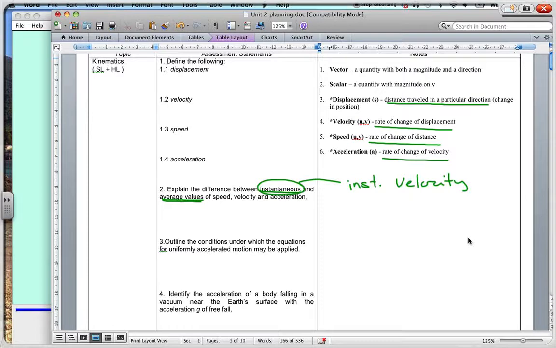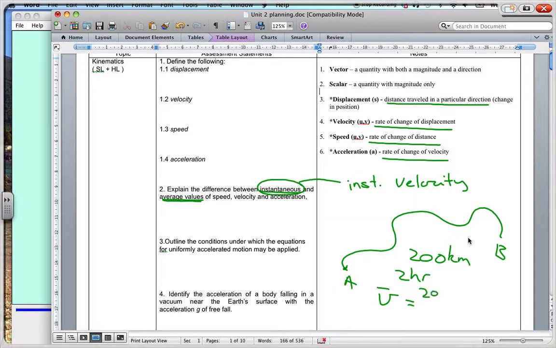So you may travel from A to B, maybe it's 200 kilometers and it took you 2 hours. Your average velocity, and we often denote it like this, would equal 200 kilometers divided by 2. That will be 100 kilometers per hour. This would be an average value.